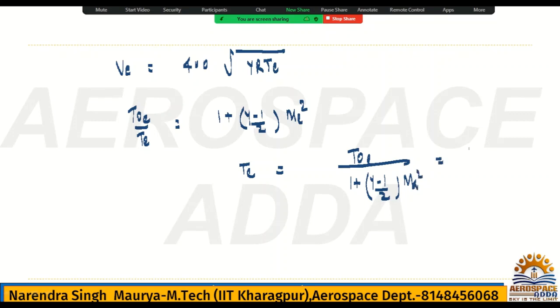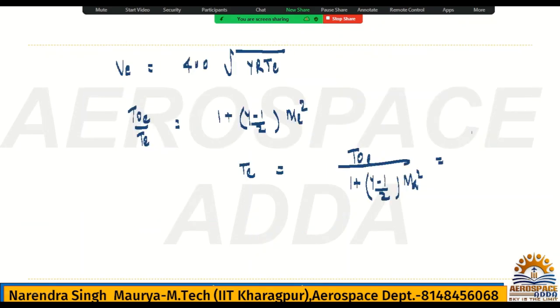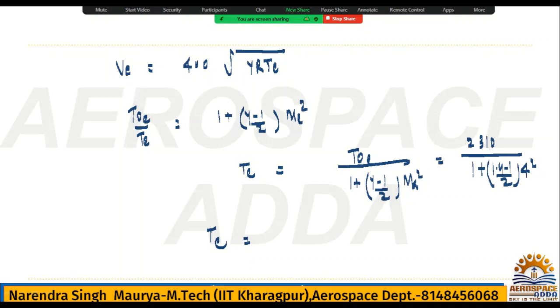This T naught E, how much? I think it's 2310. Gamma they have given the same, 1.4, minus 1 by 2, Mach number they have given 4, square. You will calculate TE. Right? So the process is the same as the previous problem.